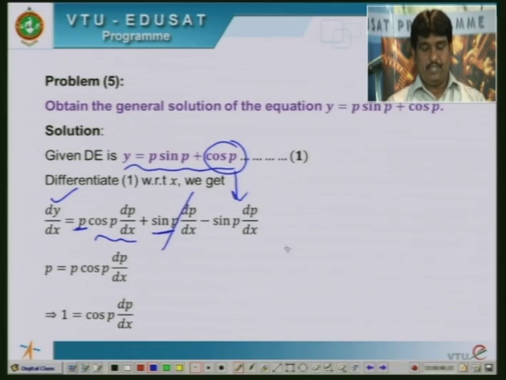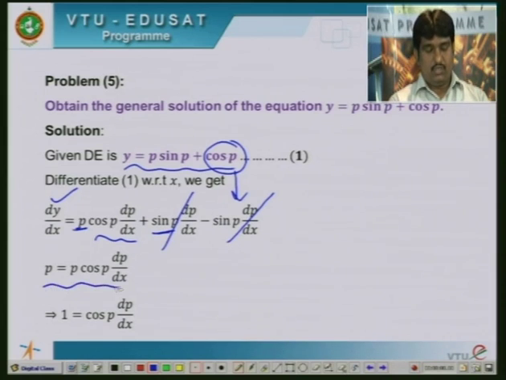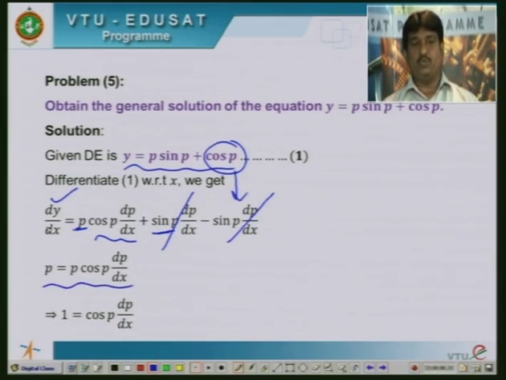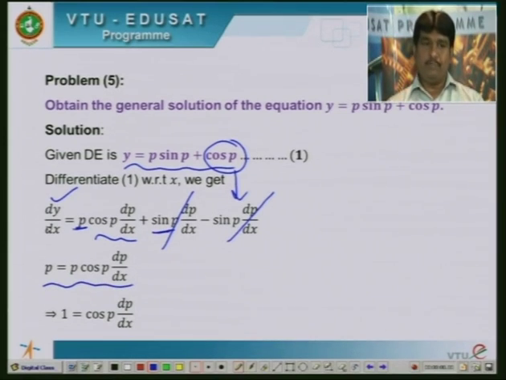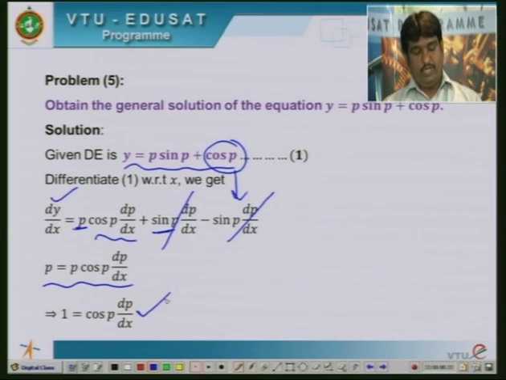Cancel plus sin p dp by dx minus sin p dp by dx, and write dy by dx as p, to get p equals p times cos p into dp by dx, which is nothing but 1 equals, cancel p, 1 equals cos p into dp by dx.